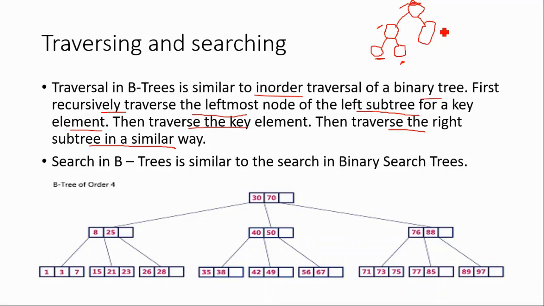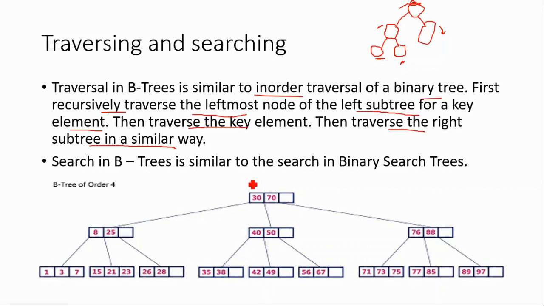Something similar is performed in case of a B tree also, but in this case, since there are many elements in a particular node, it may be a bit of a divided type approach.